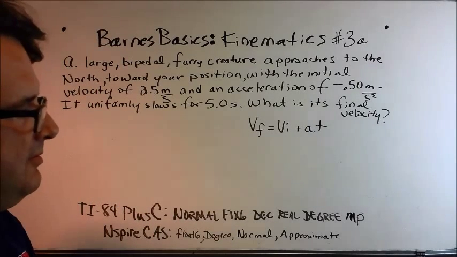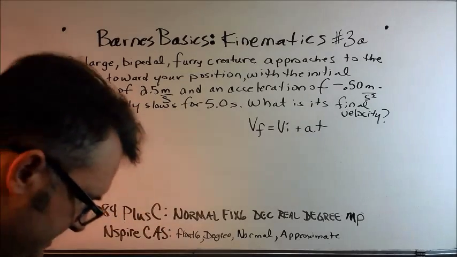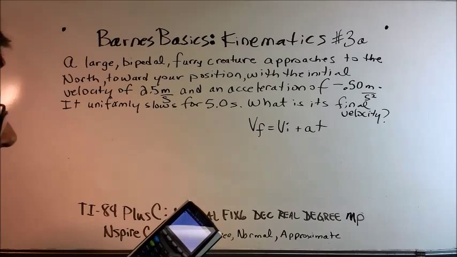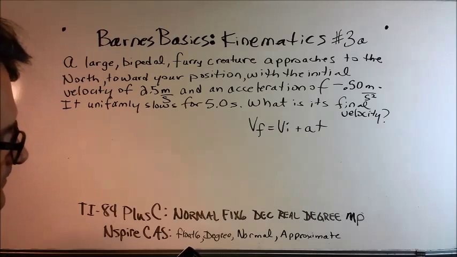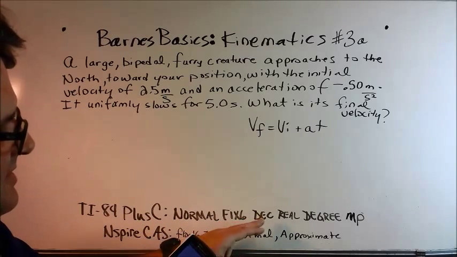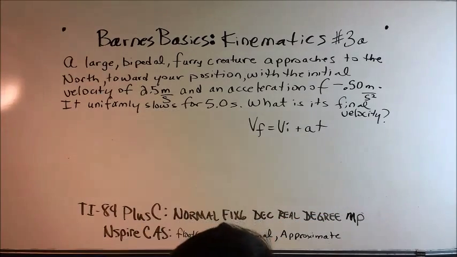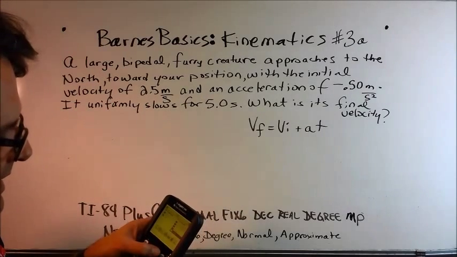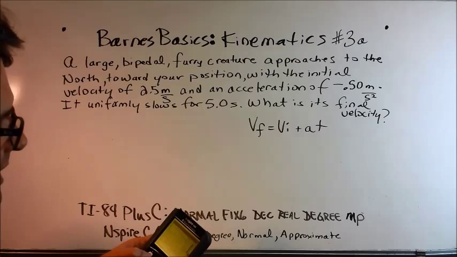Also remember to make sure that your calculator is configured, your TI-84 Plus and your TI-Nspire CAS. Make sure that across the top on the TI-84 Plus it says normal, fixed 6, decimal, real, degree, and MP. And then on the TI-Nspire CAS, when you're on the home screen, click on settings and then document settings.